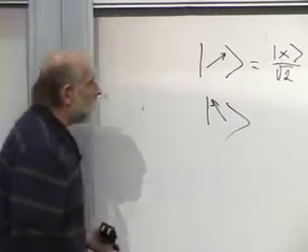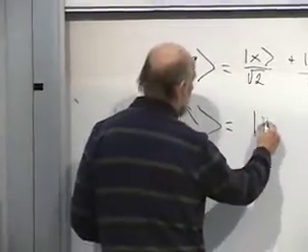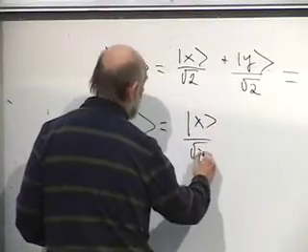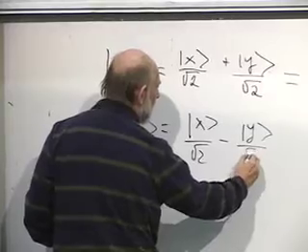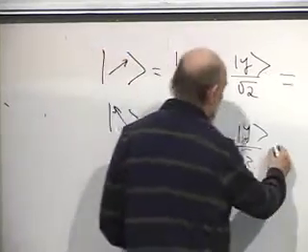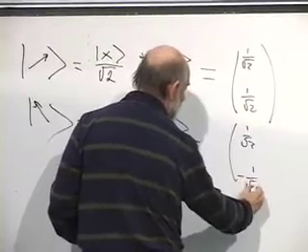Well, it's not very hard. It's just x over square root of 2 minus y over square root of 2, represented by 1 over square root of 2, minus 1 over square root of 2.